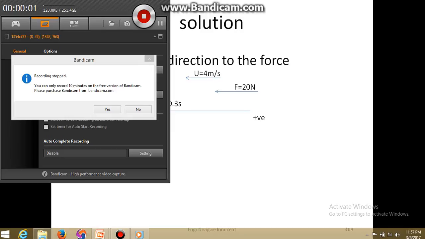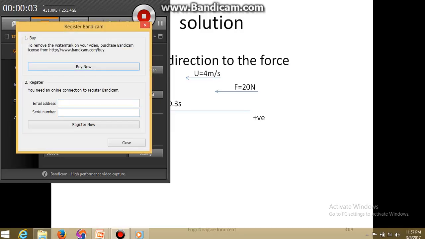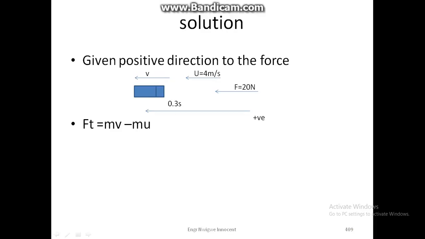Ft is equal to mass times final velocity minus mass m times initial velocity u. So force is 20 times the time, which is 0.3 seconds, is equal to the mass of the body, 2, times velocity v minus the mass 2 times initial velocity u, which is 4.